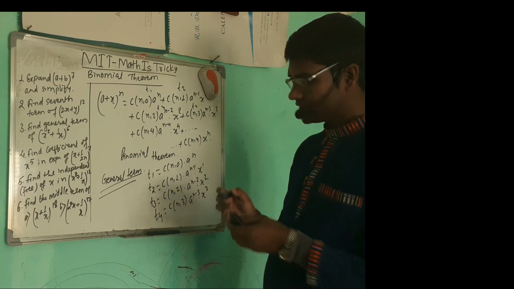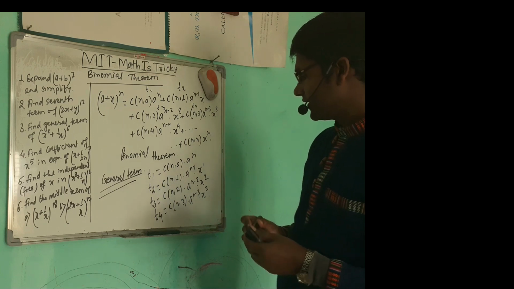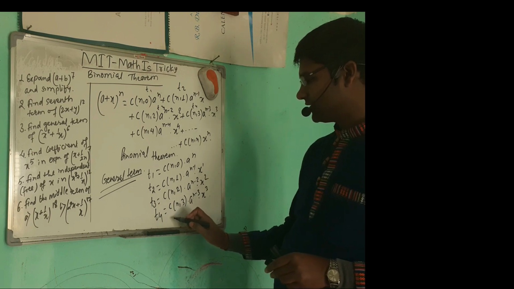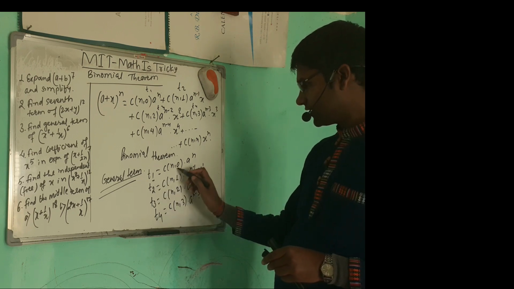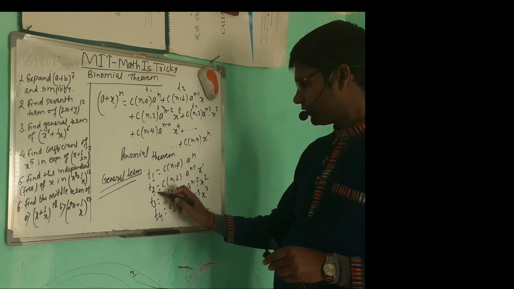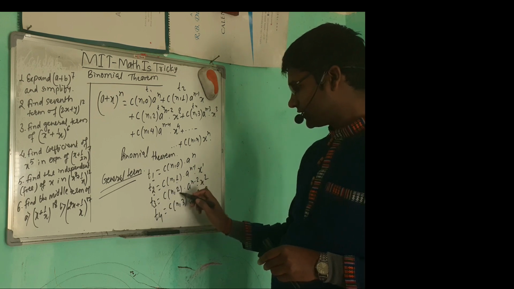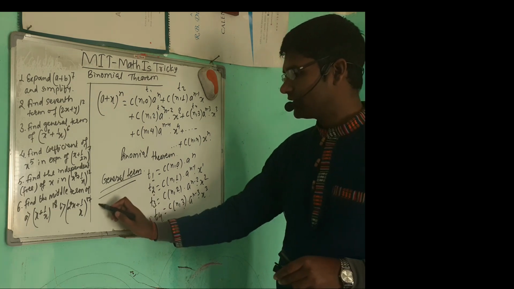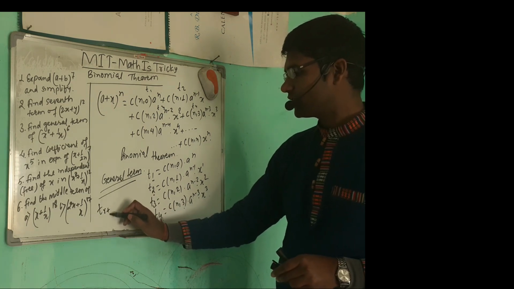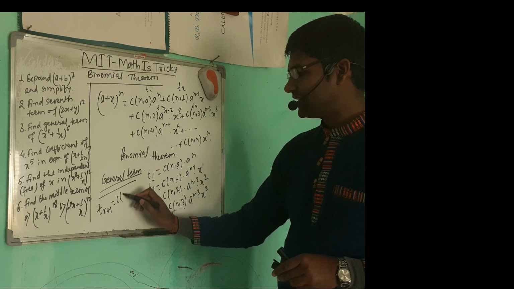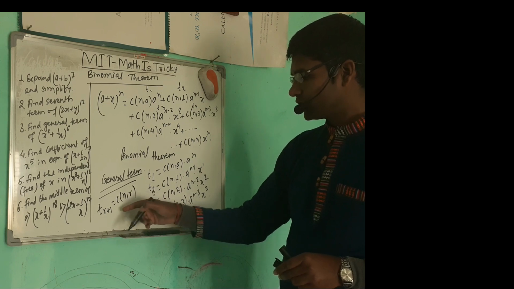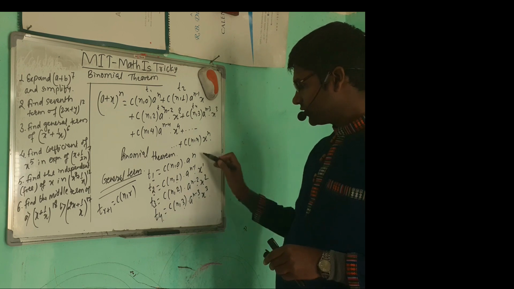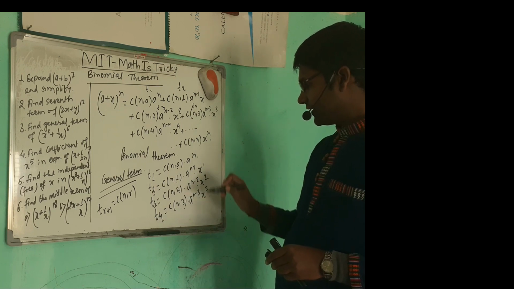Now the general term will be simply, from this you can see, if I have to write t: here 1, here 0, here 2, here 1, here 3, here 2, here 4, here 3. That means t(r+1) will be C(n,r). Okay, so 1 minus 1 is 0, 2 minus 1 is 1. Now let's see the power of a.